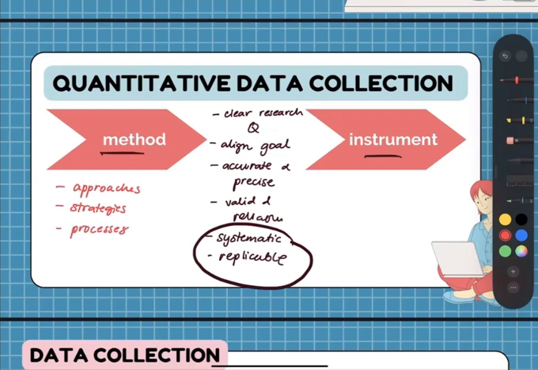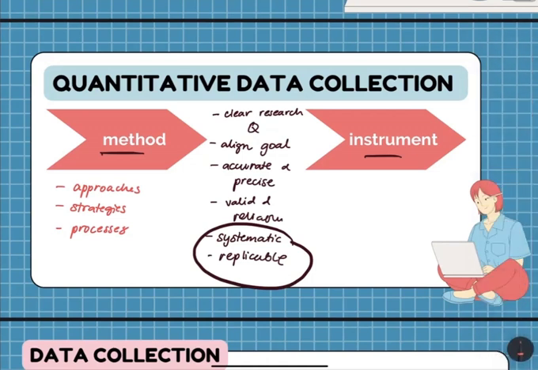While if we're talking about instruments, we are referring to the tool, device, or specific measurement tool where our data will be gathered. So method and instrument should always go hand in hand, or should always complement each other.